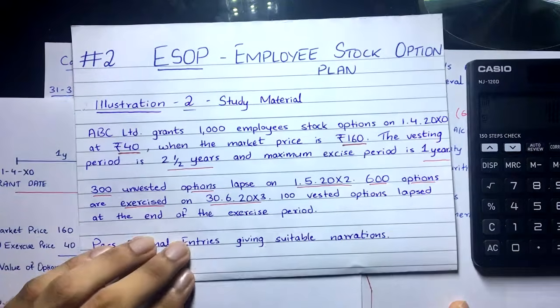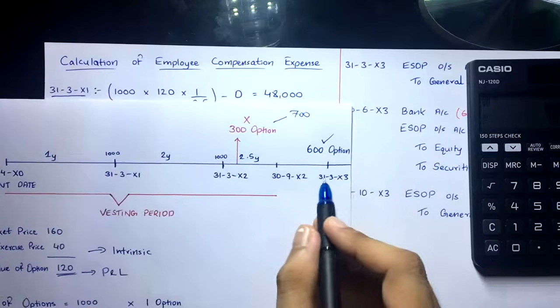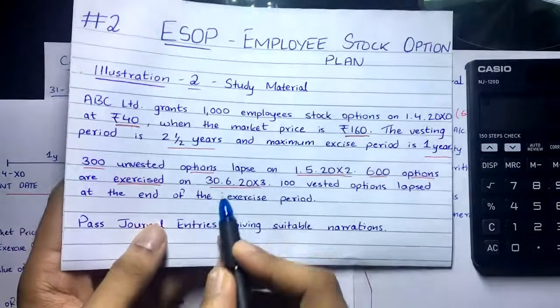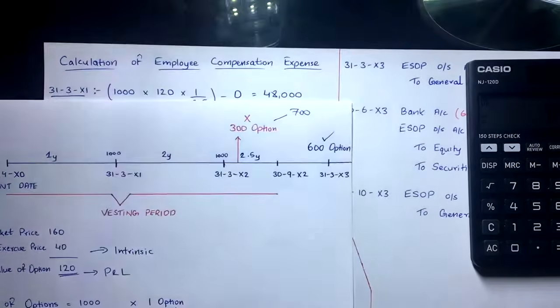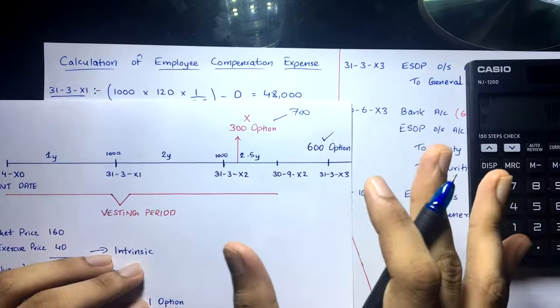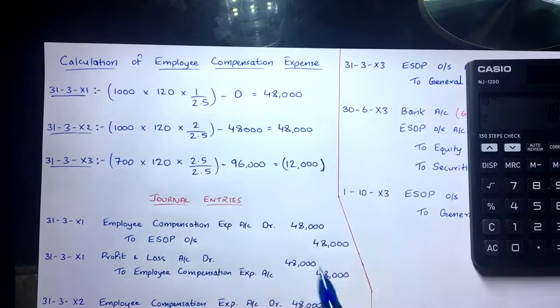They purchased the shares in the fourth year, in June 3620x3, after the 31st 3x3. So that's in the fourth year. Till the end of the third year, no option has been exercised, so we can safely say that 700 options can be exercised in the future.